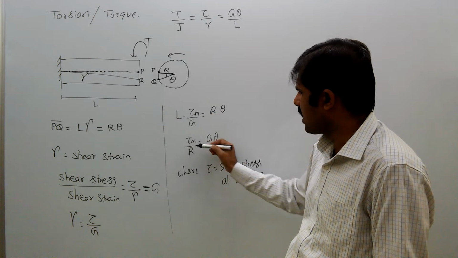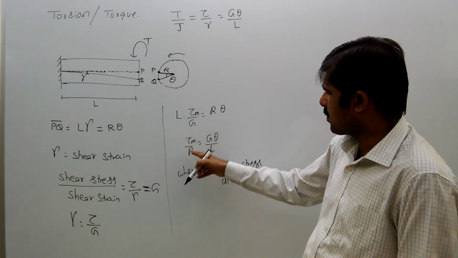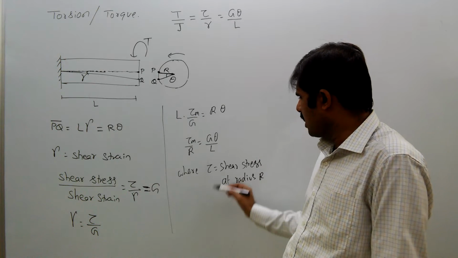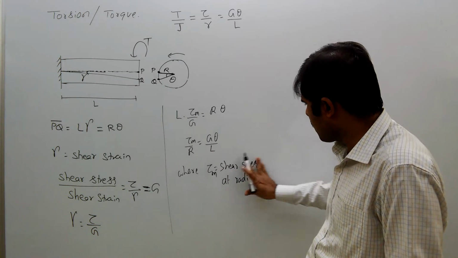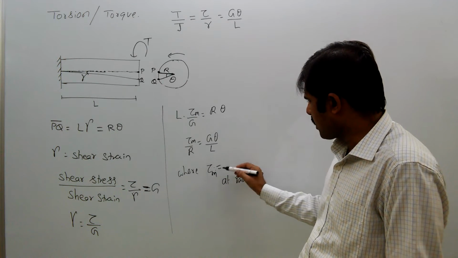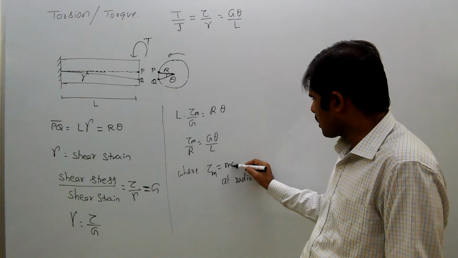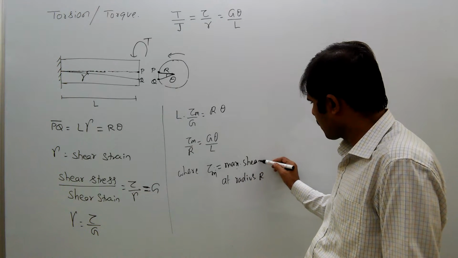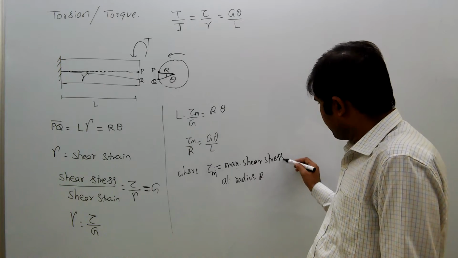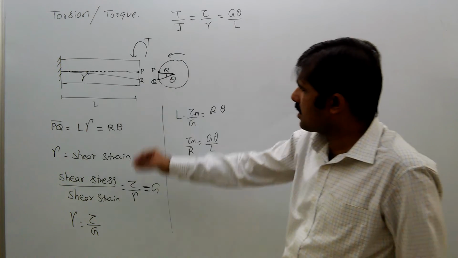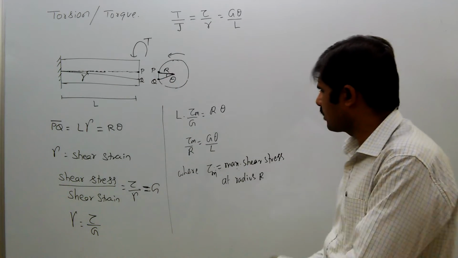Maximum shear stress will be at the outer radius, because shear stress is proportional to radius. But this derivation is applicable for any radius small r.